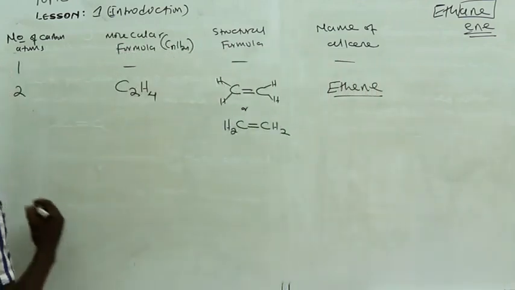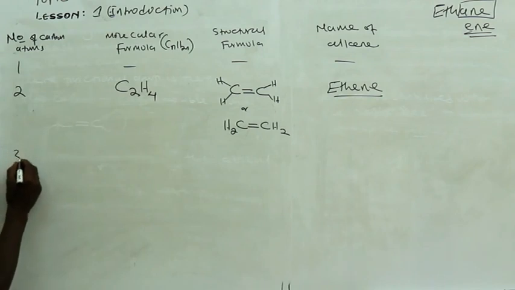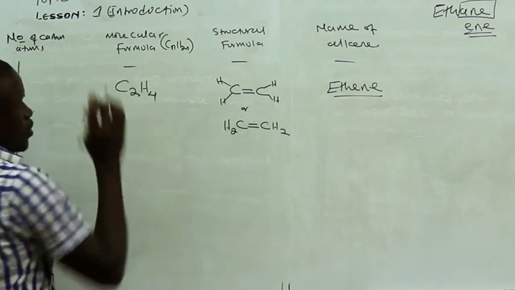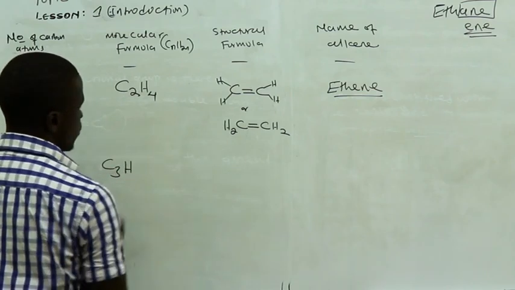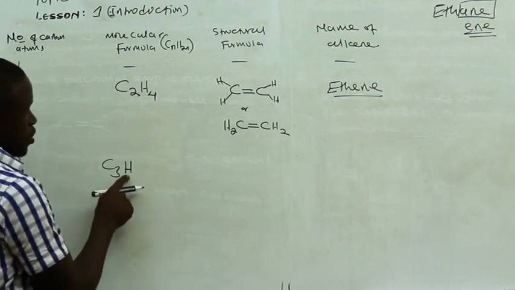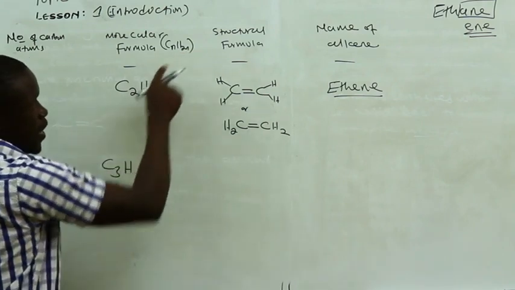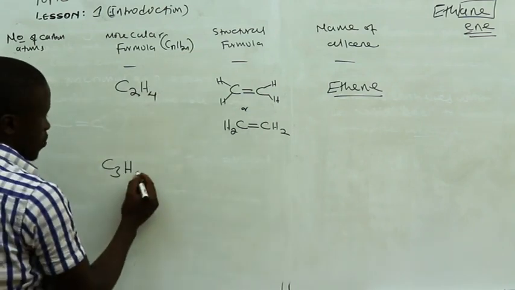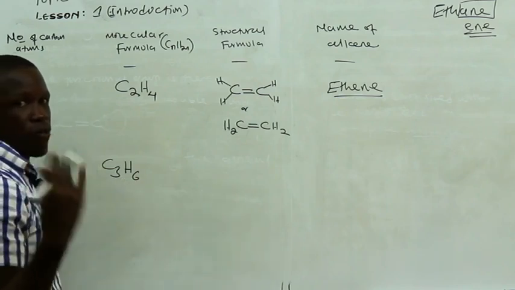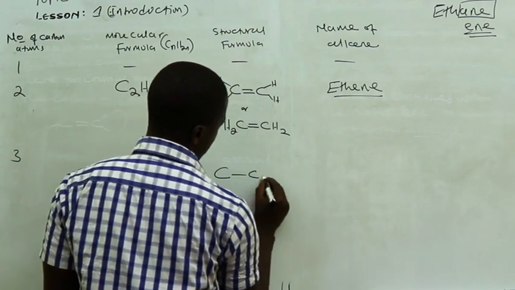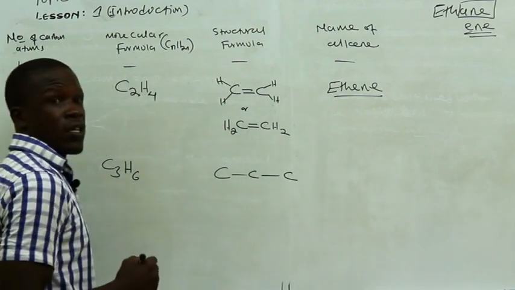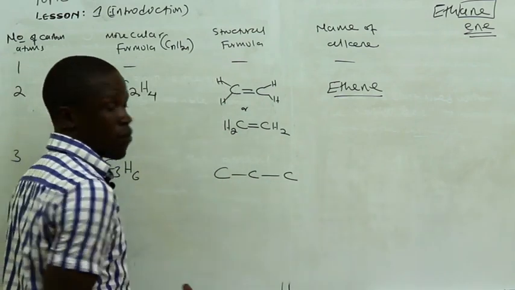Let's quickly check the third member, 3. Okay? For 3, we shall have C3H. So according to the formula, we multiply n by 2. So this will be 6. So we arrange 3 carbon atoms and then introduce a double bond somewhere. Either here or here, whatever you want.